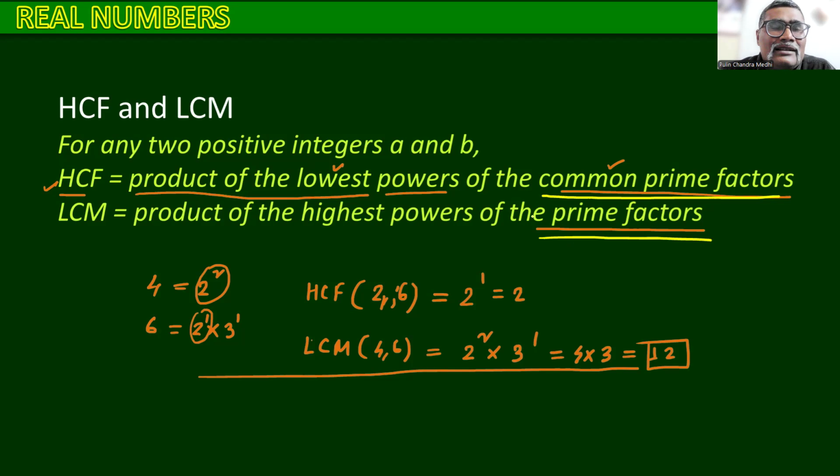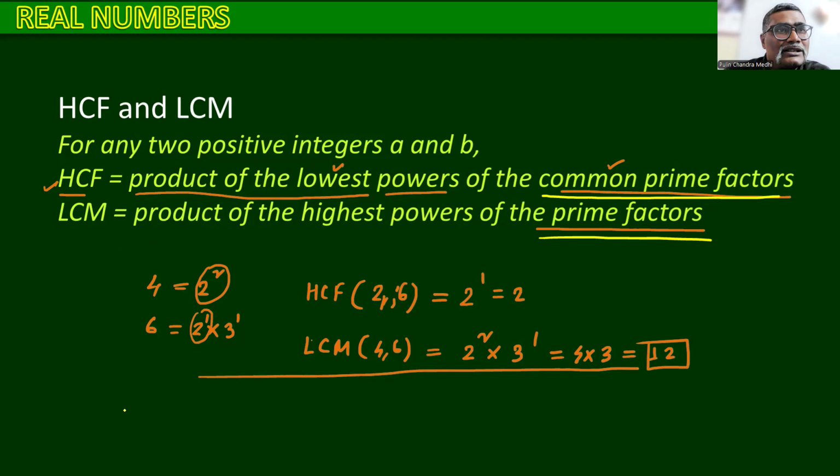So don't you feel that whatever factors I have taken in LCM will all include the factors taken for HCF? I mean to say that the factors occurring to find the HCF will definitely be factors of LCM. It means HCF is always dividing LCM, no matter how many numbers you take.